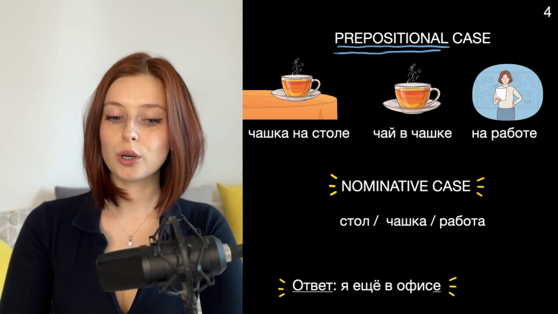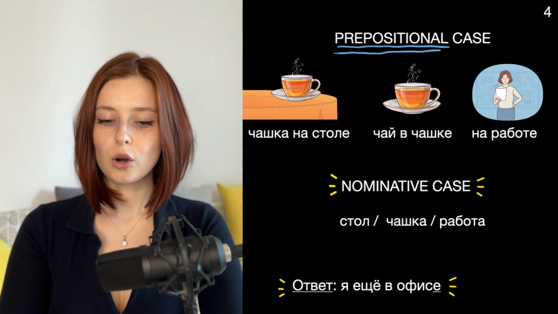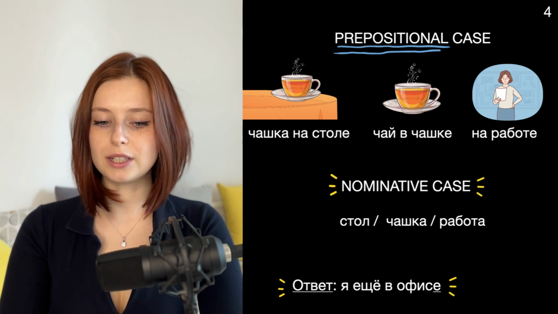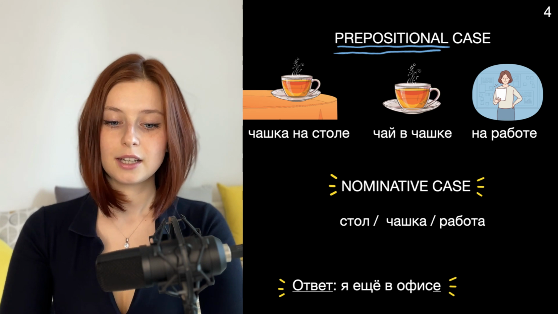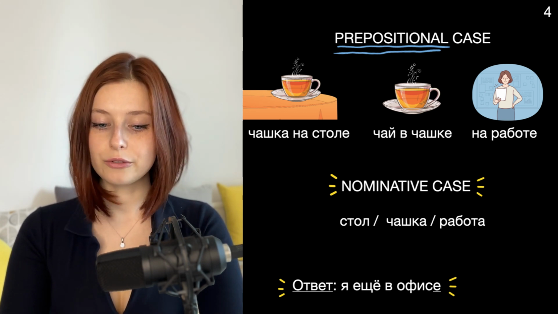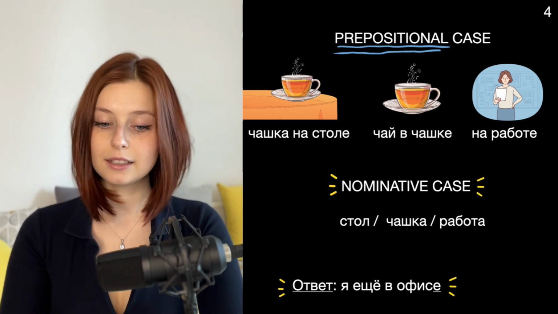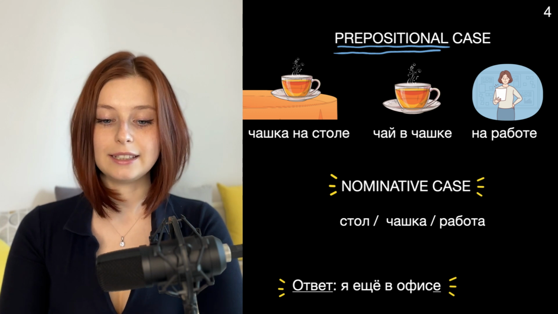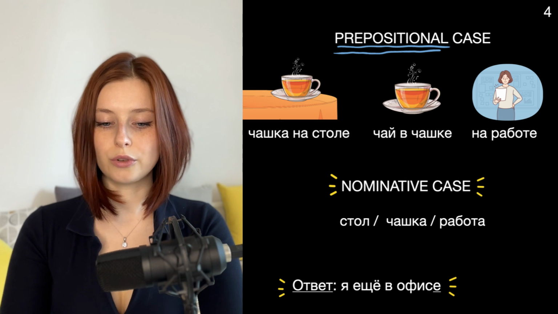Я еще в офисе. В офисе. Normally that would be офис, the noun for office. В офисе, in the office. So because of the preposition в, in, we added this е to the word office. Я еще в офисе.